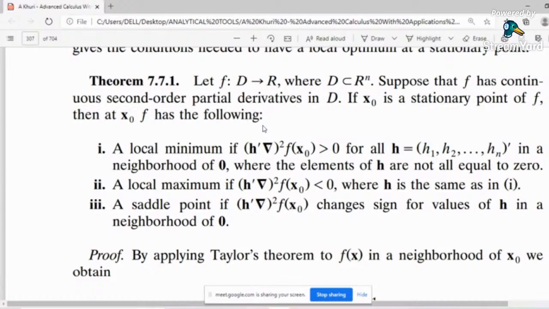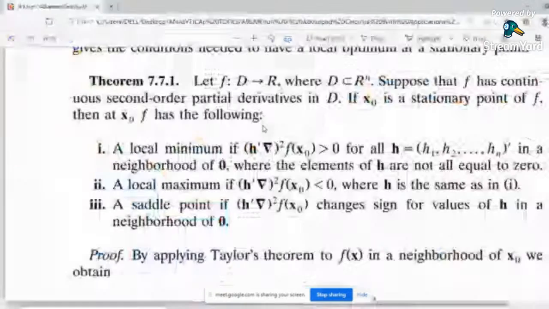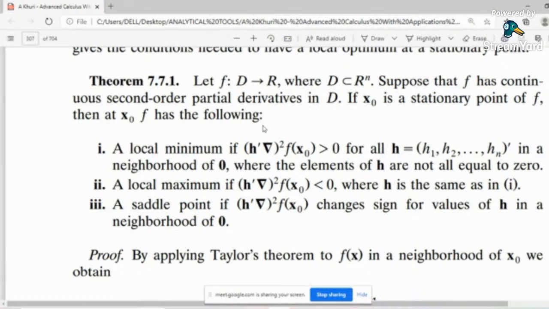Second condition: a local maximum if h prime del square f of x naught is less than 0. As we see in this figure, this is a point of local maximum. So we can say that x naught is a point of local maximum if h prime del square f of x naught is less than 0, where h is the same as in case 1.